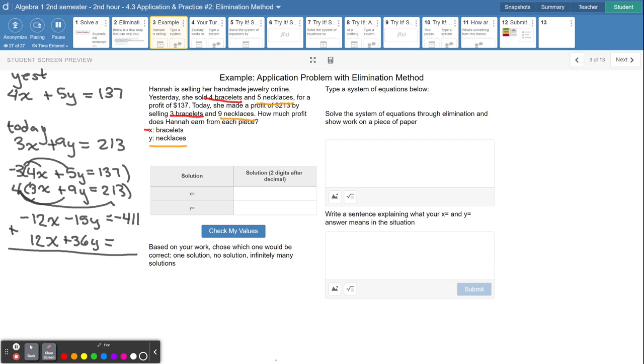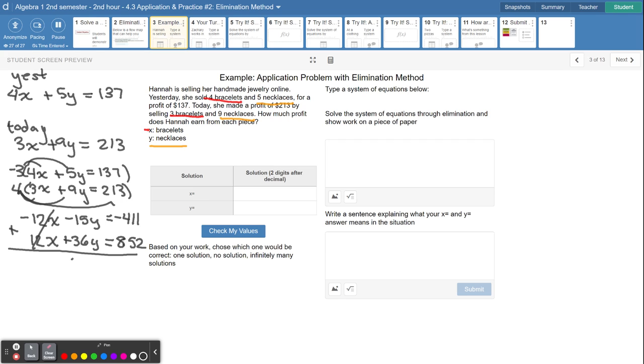And then 4 times 213 gets me 852. Now we're going to add these 2 columns together. So I'm going to have negative 15 plus 36. That's my first column. And then I'm going to have negative 411 plus 852.